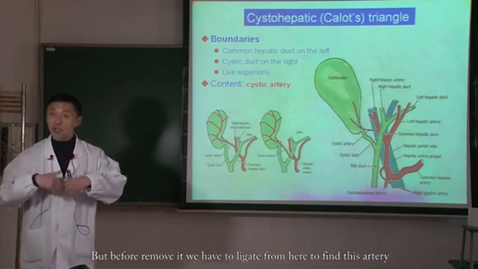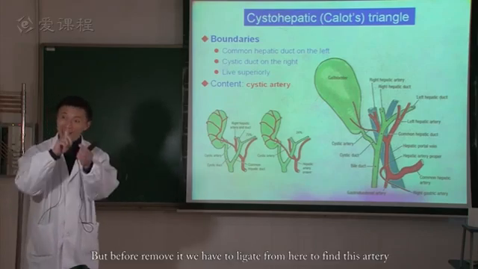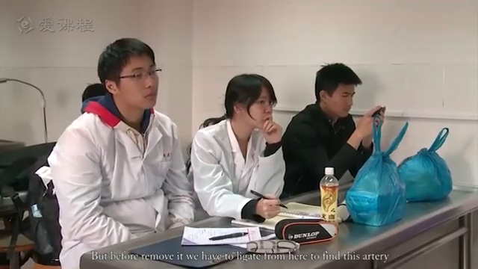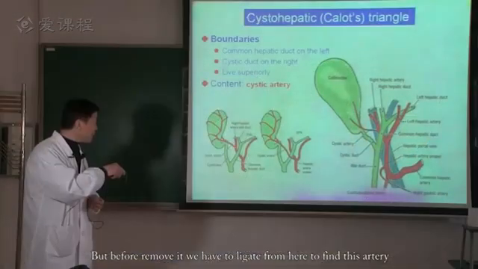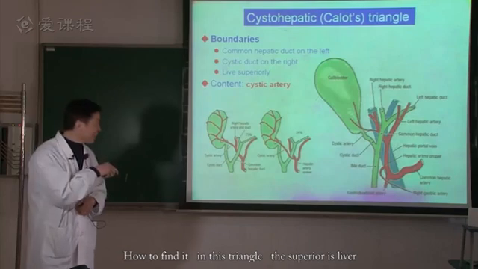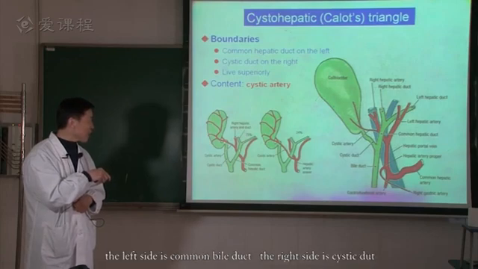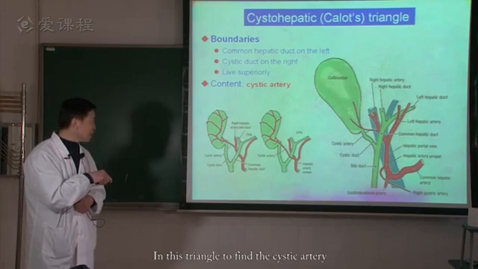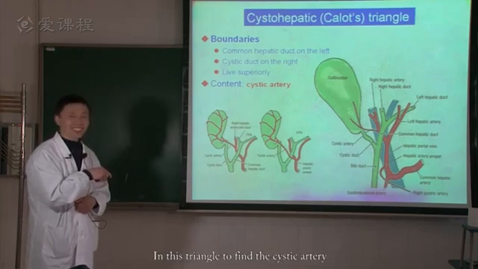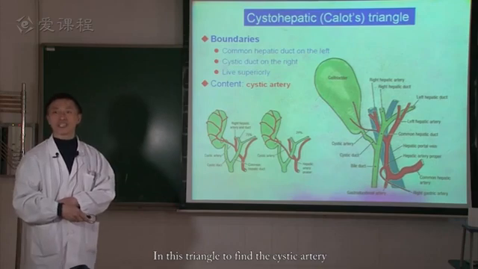But before removing it, we have to find this artery from here. How to find it? In this triangle, the superior border is the liver, the left side is the common bile duct, and the right side is the cystic duct. In this triangle we find the cystic artery.